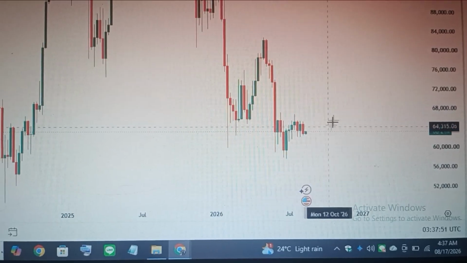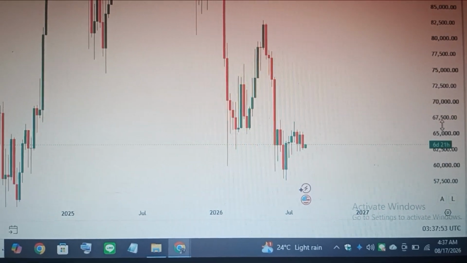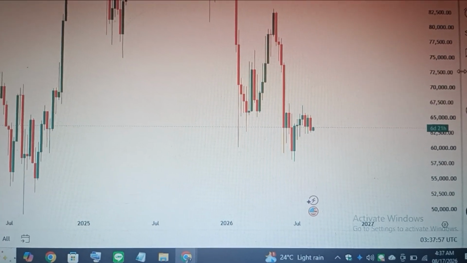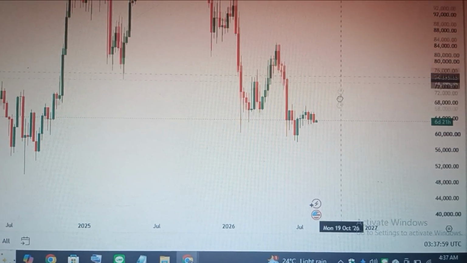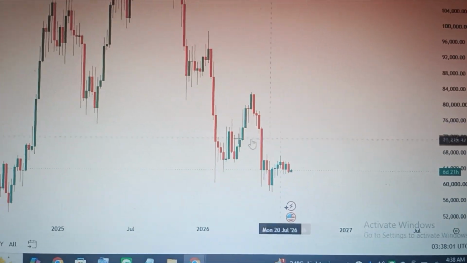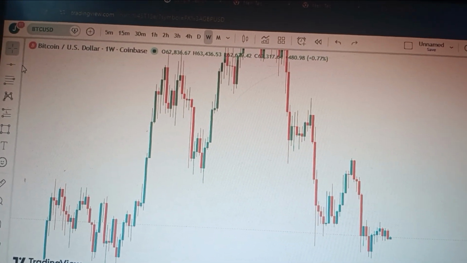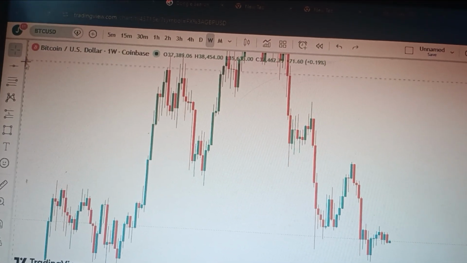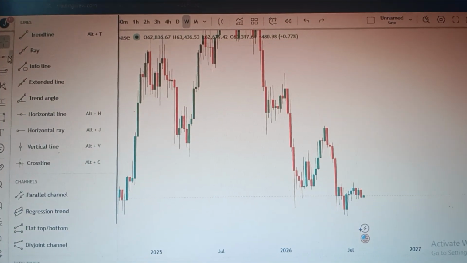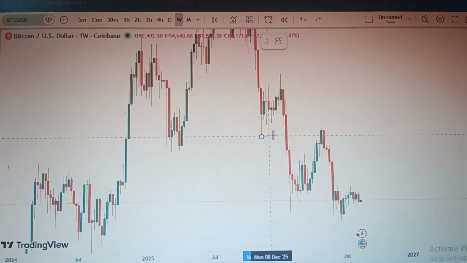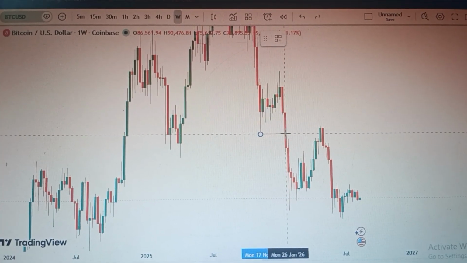So, BTCUSD on the weekly time frame. From the weekly time frame, what can we see here now? If we map the weekly structural view, what we can see is a break of structure here.